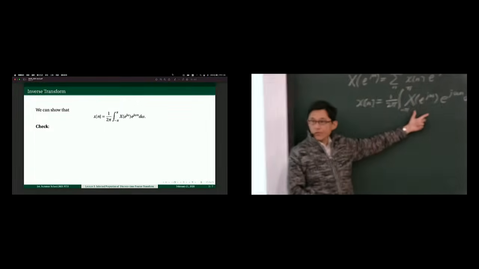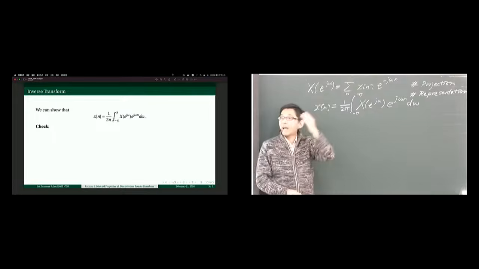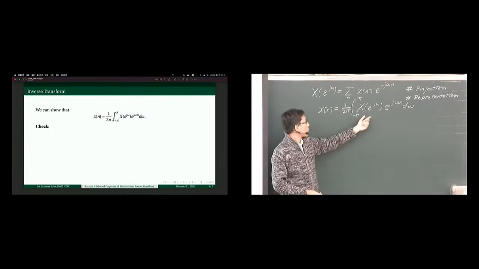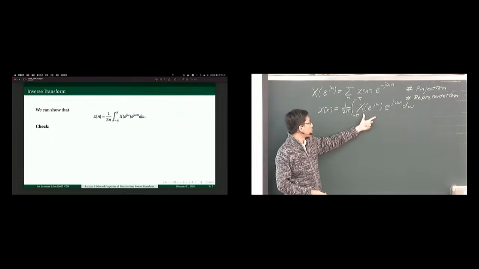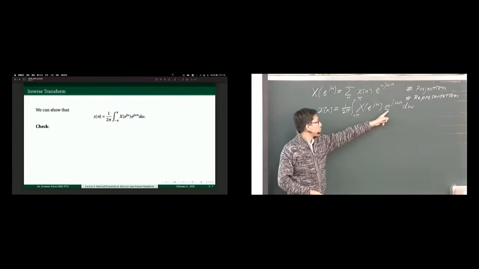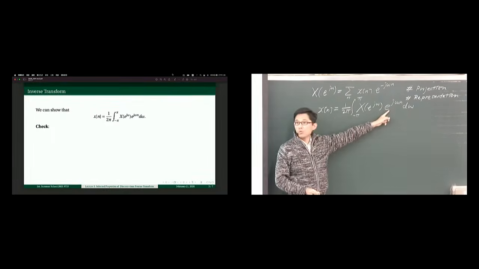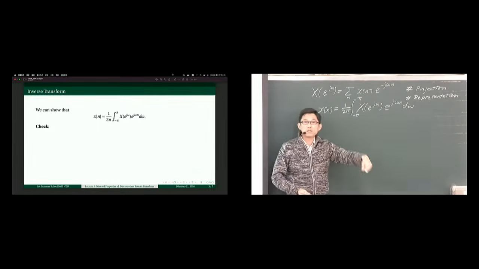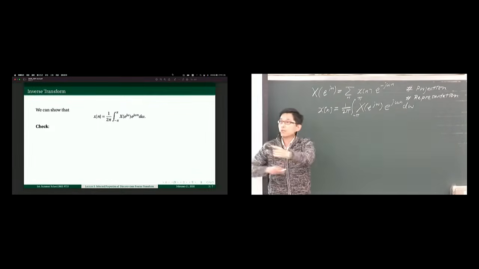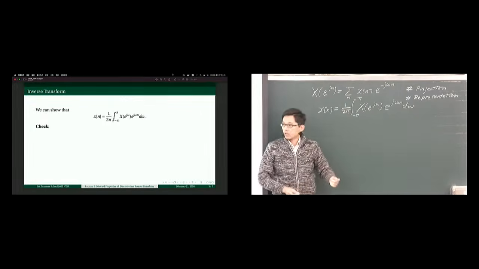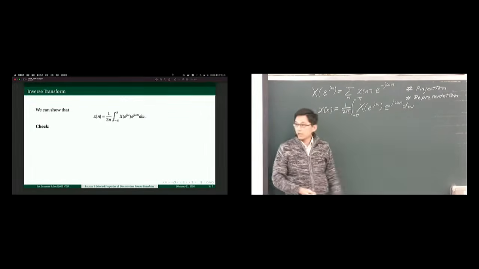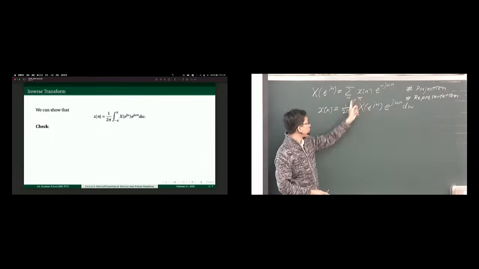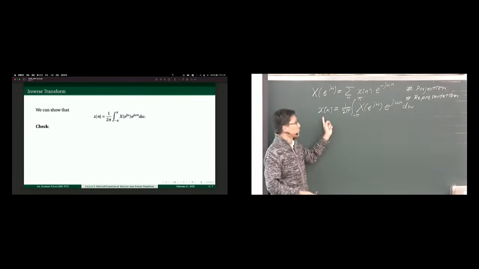At every frequency, we have a component, a magnitude and phase, of course. Then we multiply with the small wave component, e to the j omega n, which by itself is a periodic signal. Complex valued, but periodic with frequency omega. So of course, if we collect everything through an integral, we get back the signal.